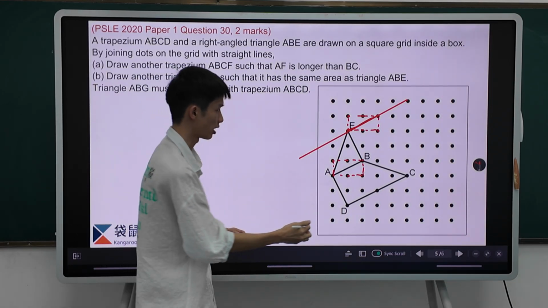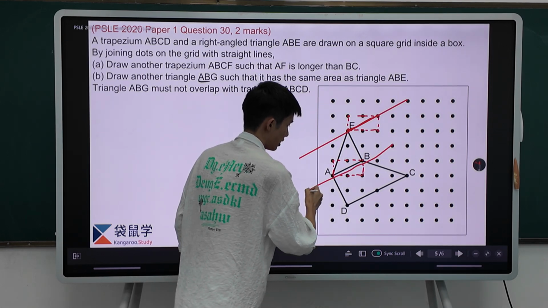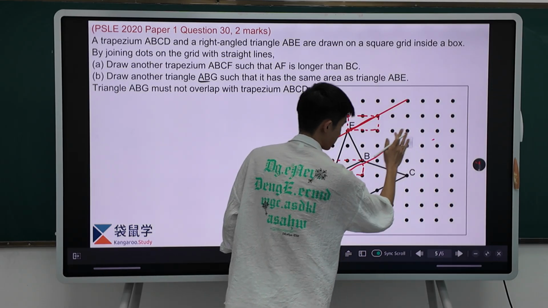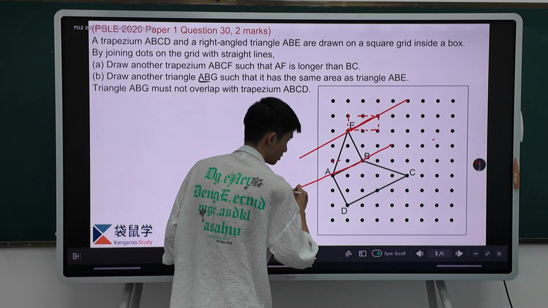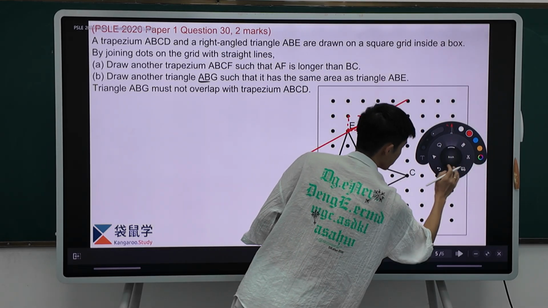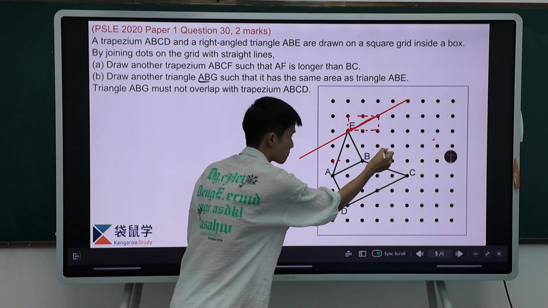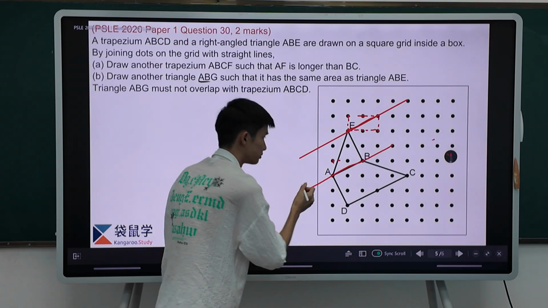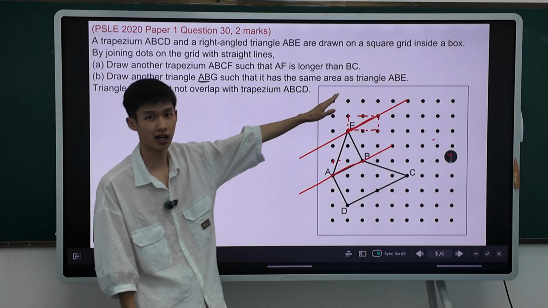Now, let's take a look. We have AB inside one of the parallel lines. Let me erase this. We have AB that is in one line, for example over here, and E, the tip, is in another parallel line.